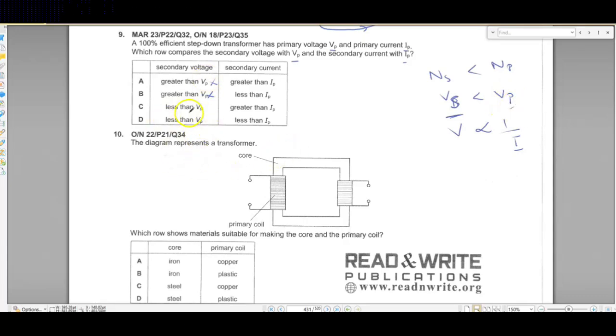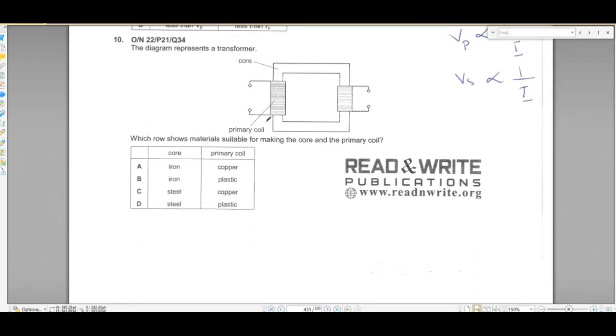So these two options are correct, and the secondary current is going to be obviously larger than Ip. Why is that? Because these are inversely proportional. If Vp is more than Vs, it means that the current over here is greater than Ip. Okay? So C is the correct option.